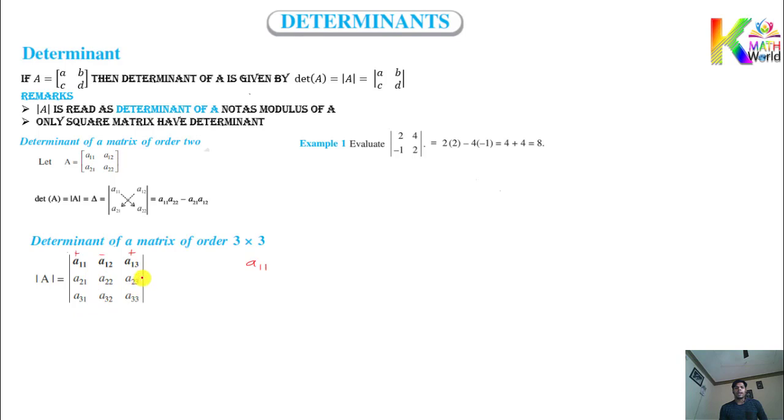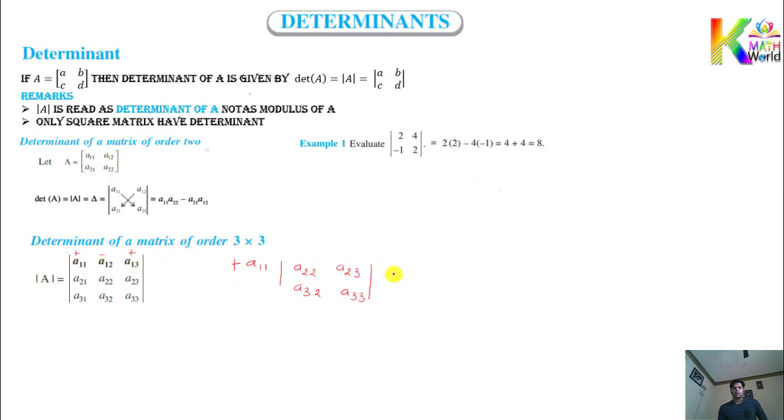Whatever elements are left, put those elements into a 2 by 2 determinant, keeping the position of each element as it is. So you got A22, A23, then A32, A33. Okay, so this was your plus sign.